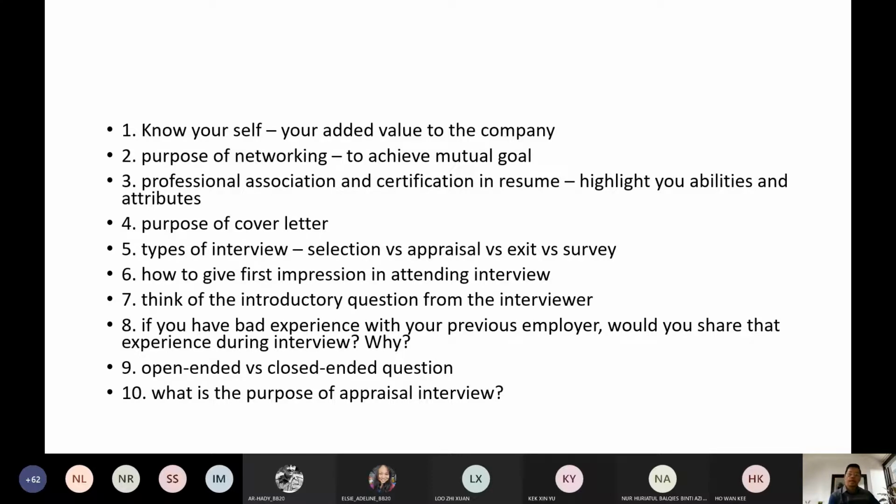You cannot say, I come from Tuaran. They are not expecting that simple answer. That's not going to impress the interviewer. So how are you going to answer?